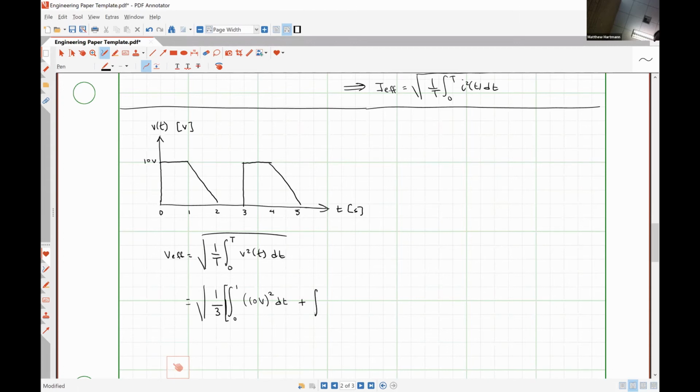Plus, let's look at it over the interval from 1 to 2 seconds. So it has a slope. What's its slope? Slope will be negative 10.